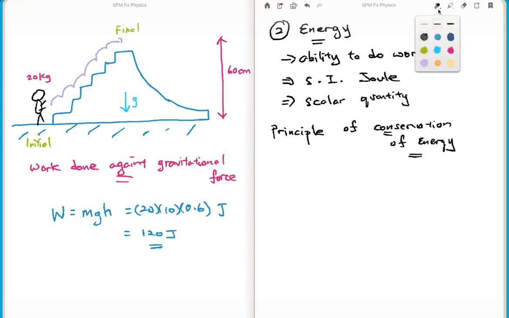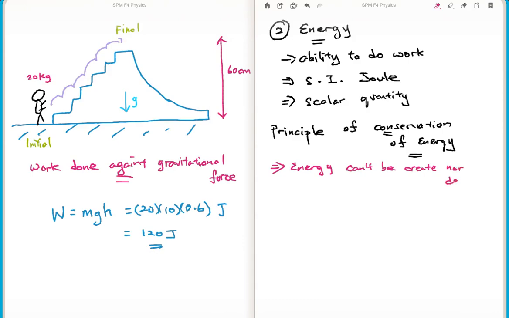What it says is that energy can be neither created nor destroyed.